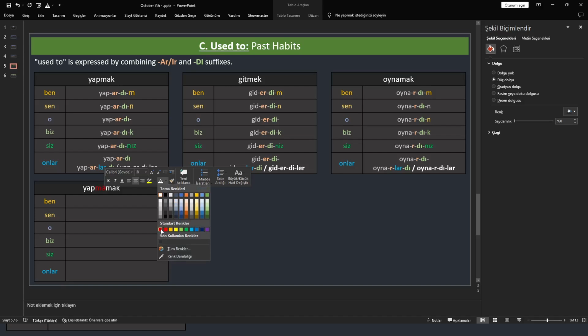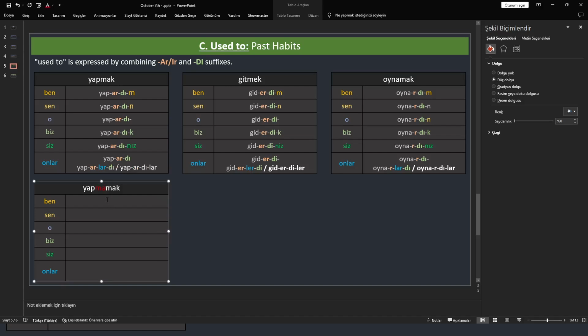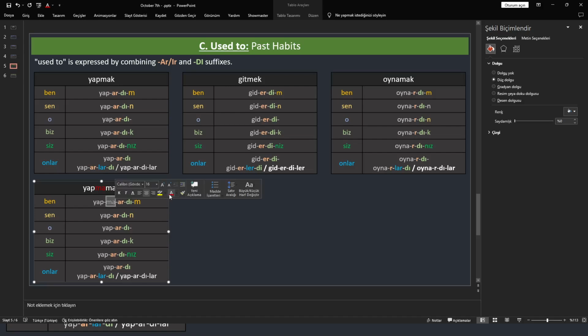Let's use red. I'm copy pasting the same suffixes here, and I'm just inserting ma for negative. There's one more adjustment I need to do: I can't use the aorist as it is. I need to change the r to z. Yapmazdım.